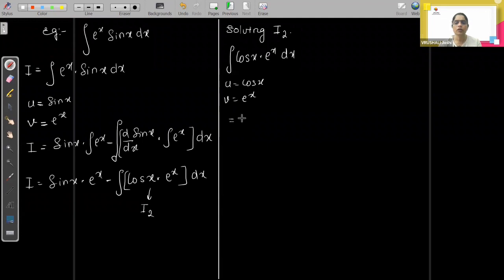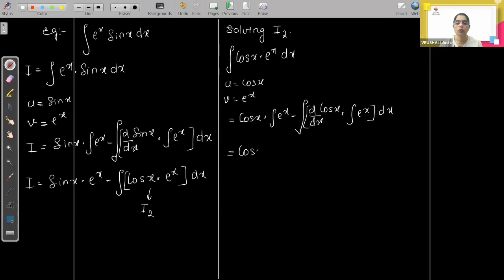This will give you the first function as it is into the integration of the second function, minus the integration of the derivative of the first function into the integration of the second function. If you have confidence, you can write it directly, no problem, correct?